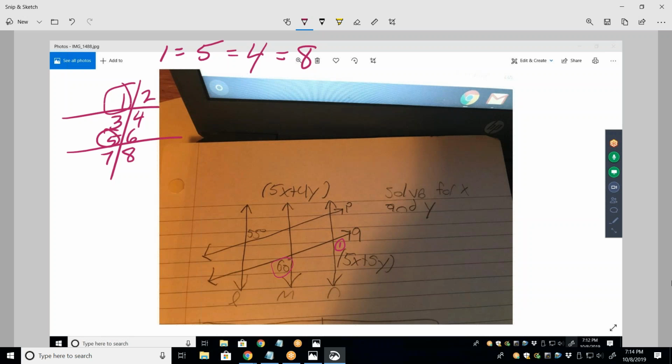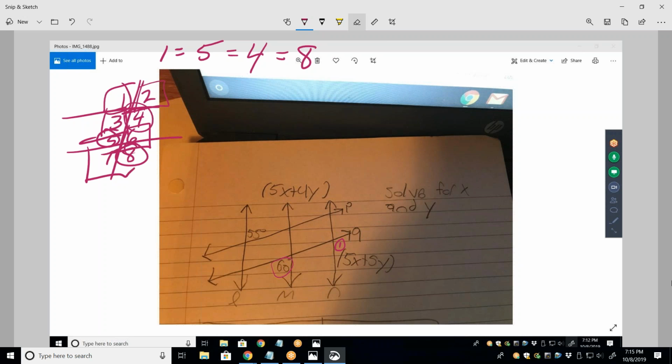Well, that's obtuse, and that's obtuse. So 1, 4, 5, and 8 are all equal. And 2, 3, 6, and 7 are all equal. You with me? I am.